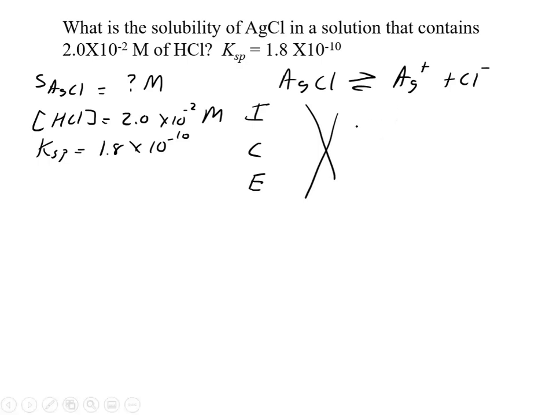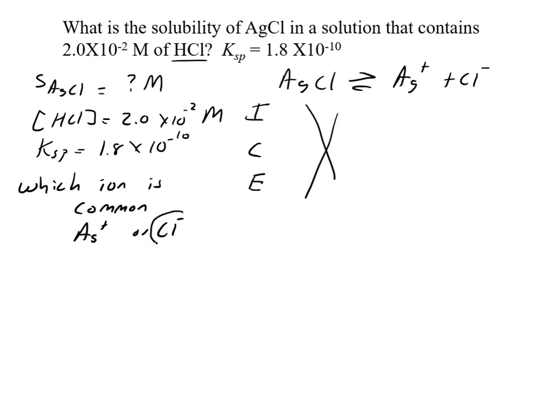Before I start filling in the I, which ion is common? Silver or chloride? So I look at this, here's my solubility, but which one is in here?